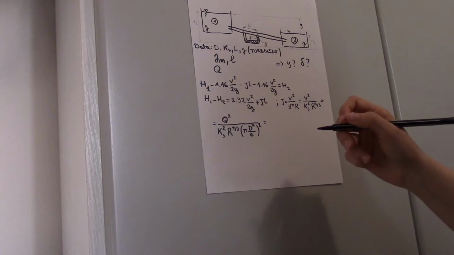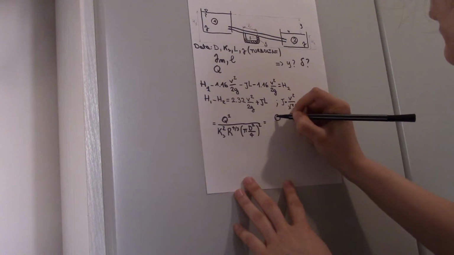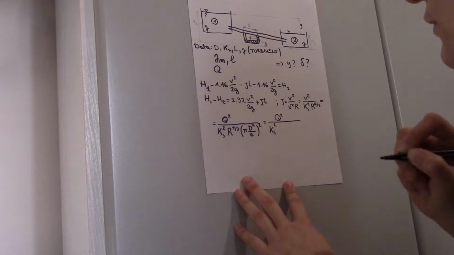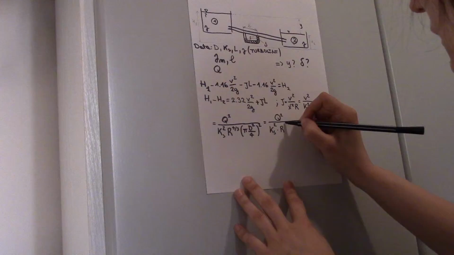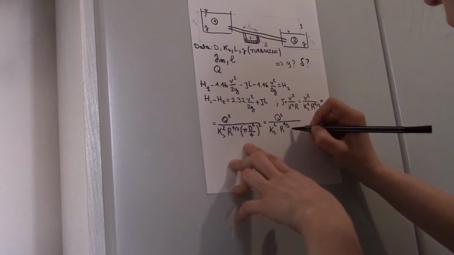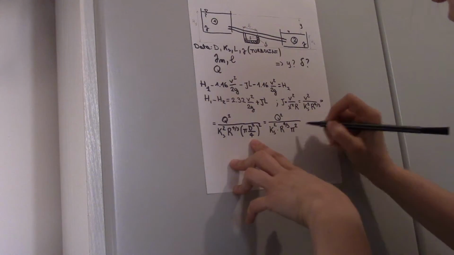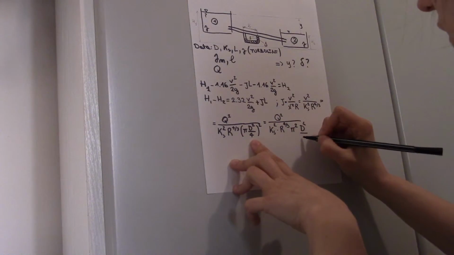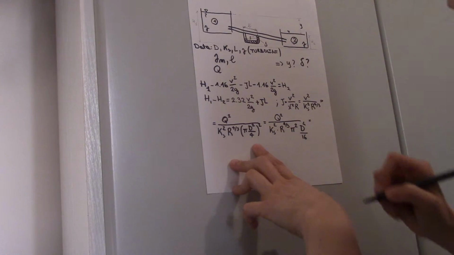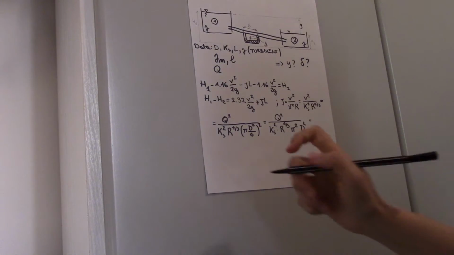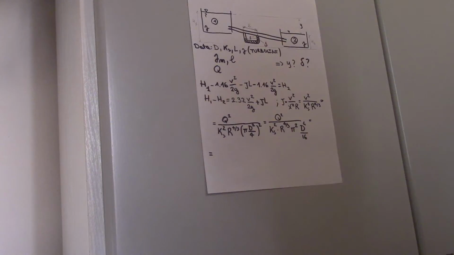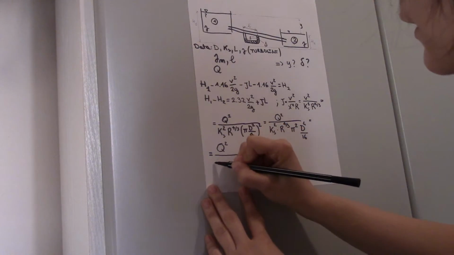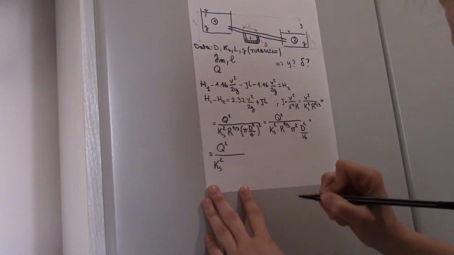Hence, it gives you again Q to the power of 2 over Ks to the power of 2 times R to the power of 4 over 3 times pi to the power of 2 times d to the power of 4 over 4 to the power of 2, which is 16. So, again, it's Q to the power of 2 over Ks to the power of 2.